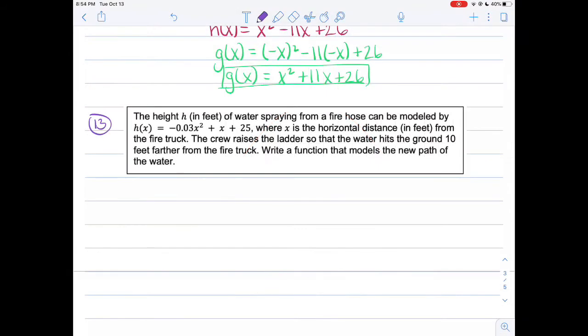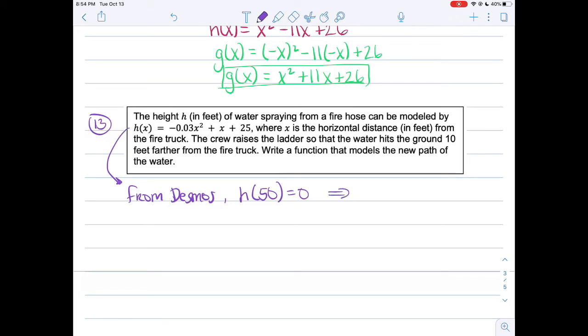Let's quickly summarize what we saw in Desmos. So from Desmos, I saw that in order to get a height of 0, in other words, hitting the ground, I was going a horizontal distance of 50. So my h, my height, when I was 50 feet out in the x direction was 0.